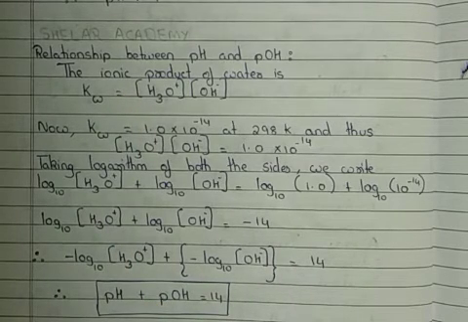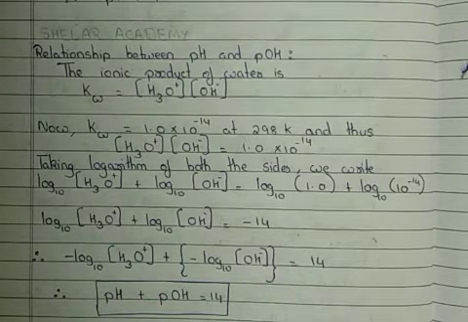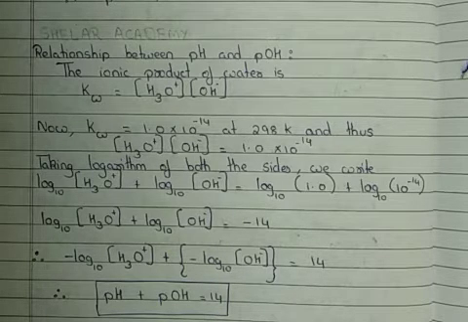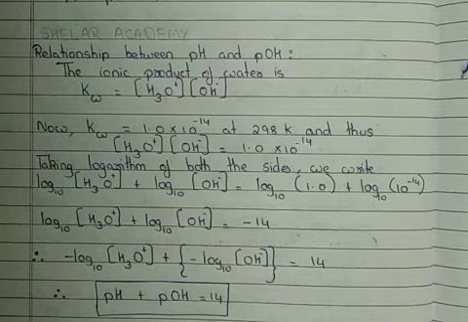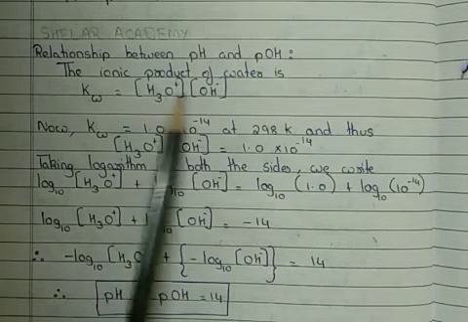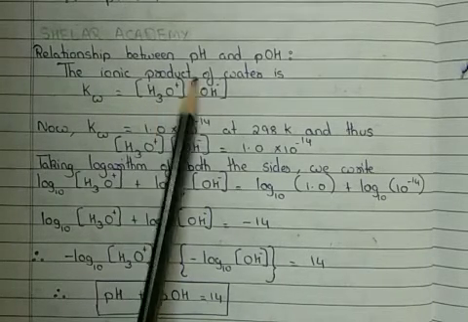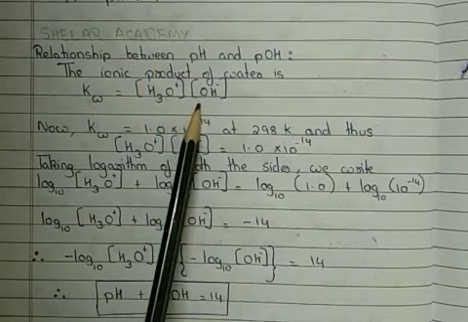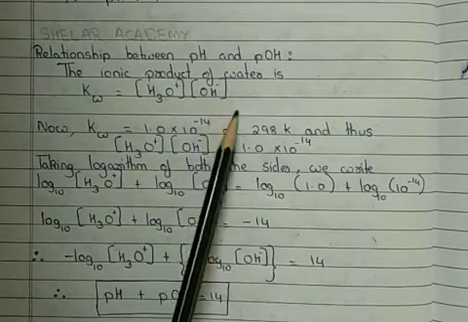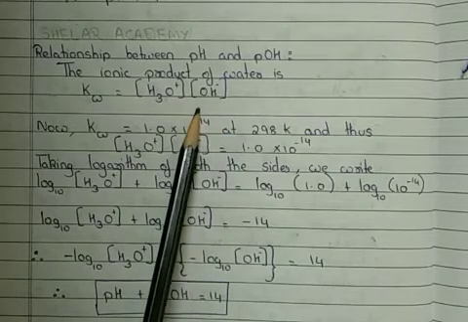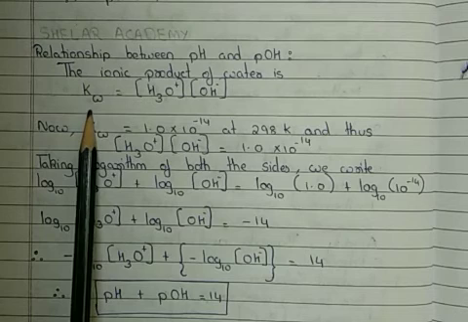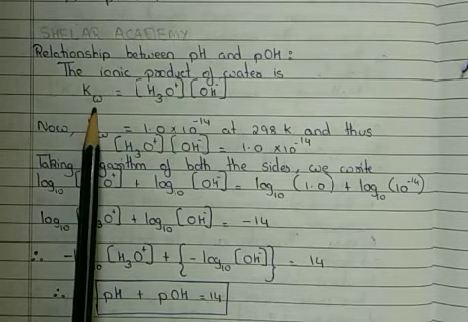The product of the molar concentration of hydronium ions and hydroxyl ions at equilibrium in pure water at a given temperature is called the ionic product of water, which is denoted by Kw.